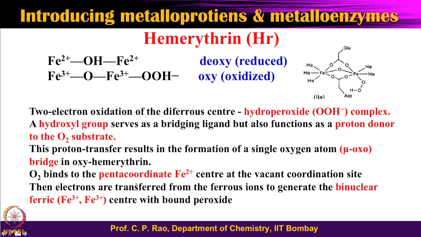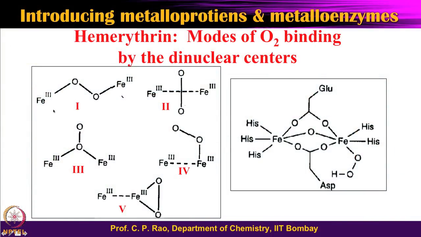This is all I explained to you. Okay. So, this is besides the carboxylate bridge, etc. So, therefore, those are something important. Now, so it is a di-iron center. So, one can make some kind of a guess between the two iron centers, what different ways an O2 can bind.